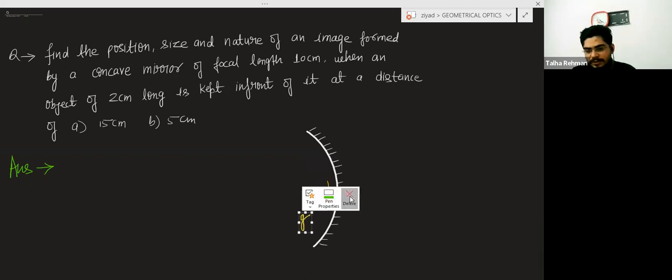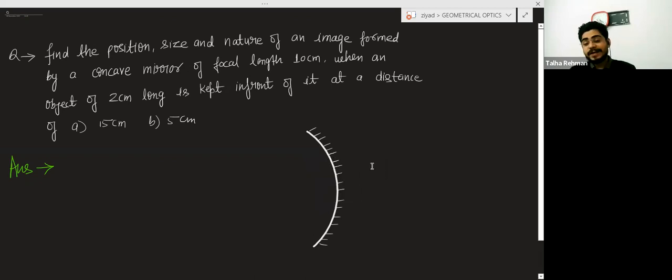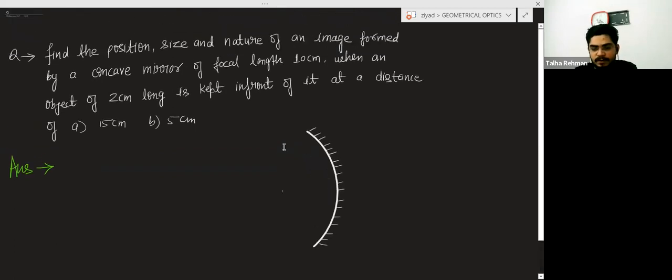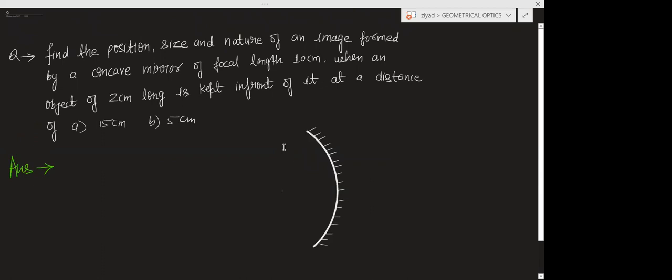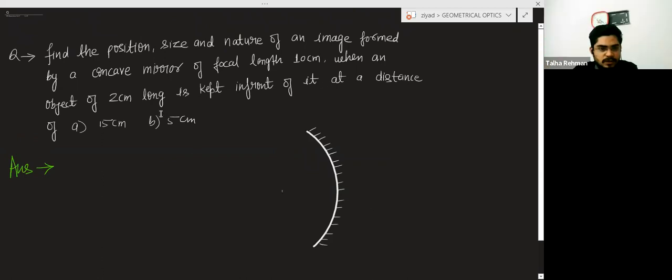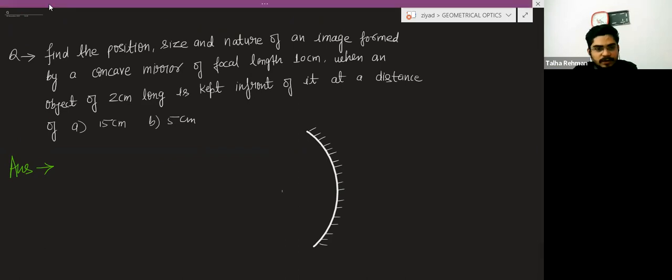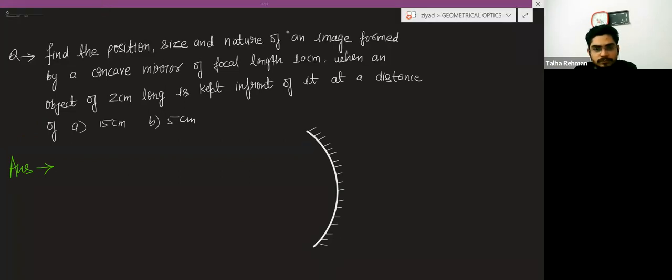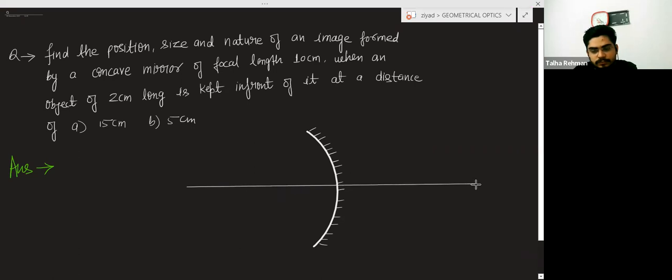So always try to draw the diagram to solve the question. Then all the things will be visualized. So this is the concave mirror we know, and we should draw the principal axis. So this is the principal axis, suppose.